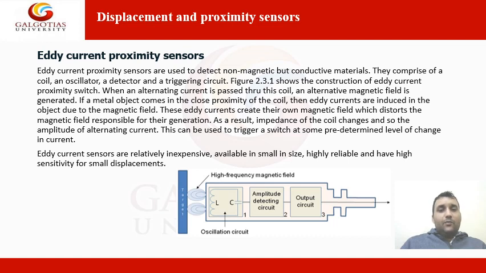As a result, the impedance of the coil changes, so the amplitude of the alternating current also changes. This can be used to trigger a switch at a predetermined level for a change in the current. The eddy current sensors are relatively inexpensive, available in small size, highly reliable, and have a high sensitivity for small displacements. So these are very important parts in displacement sensing. These are eddy current proximity sensors.